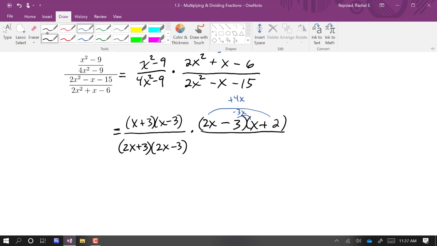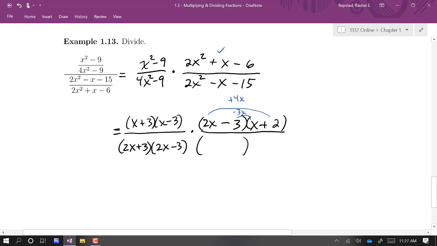On the bottom, going to unfoil this. Again, we're going to need a 2x and an x. We need a minus 15 and a minus 1x in the middle. So let's see.